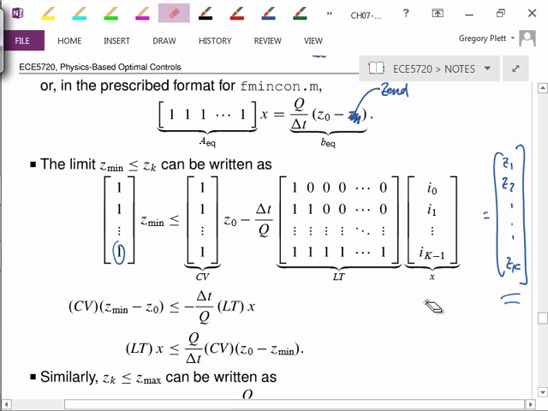So let's do that. I'll erase some of this noise so we can see how to do that better. I'm going to take this and bring it over to that side of the expression, remembering that this we called CV.